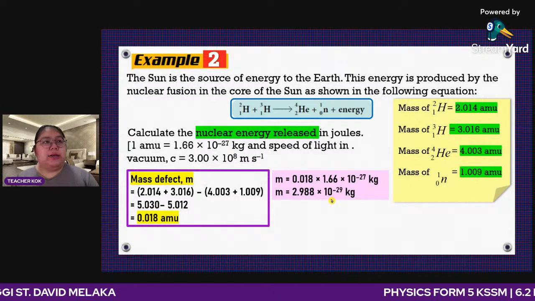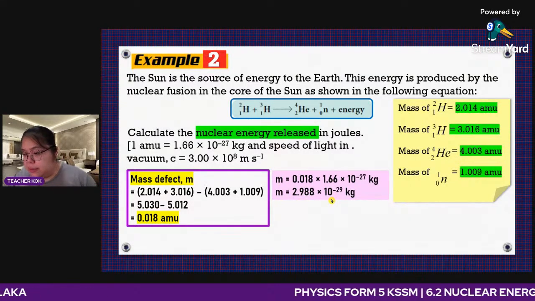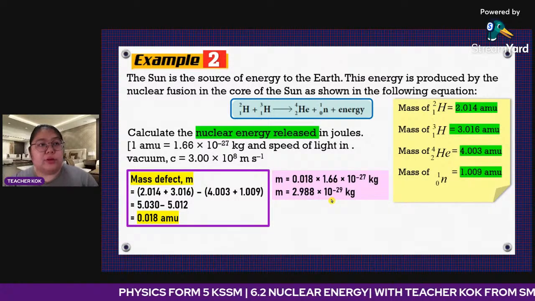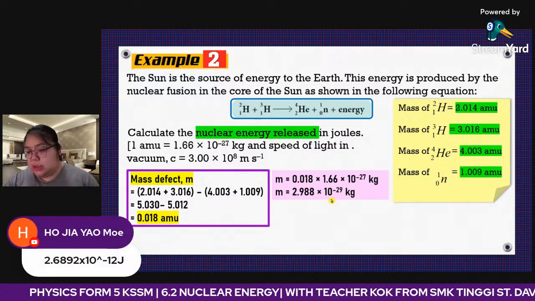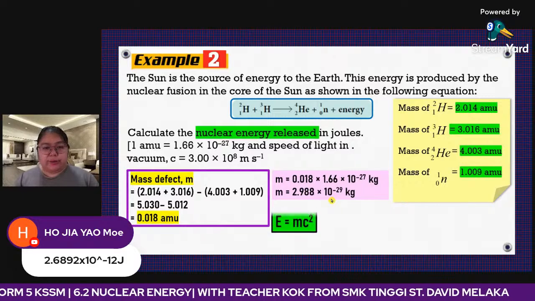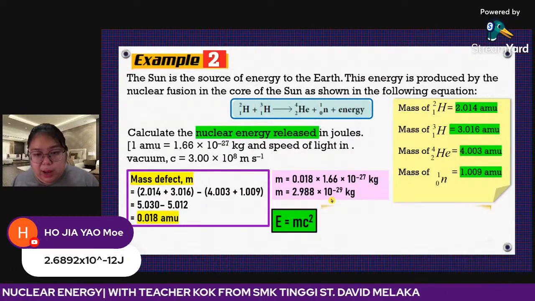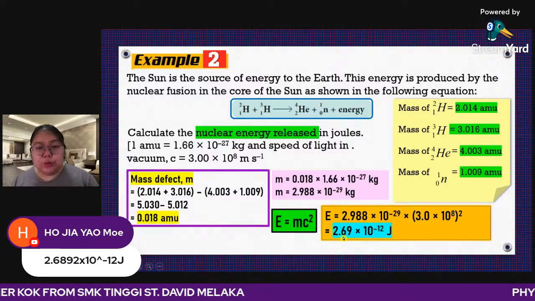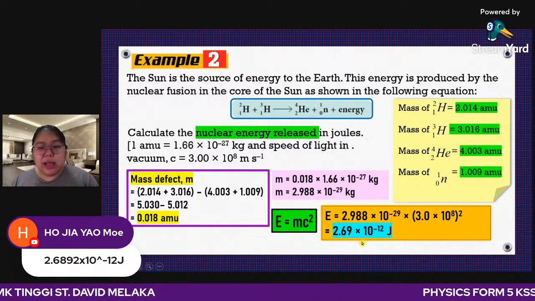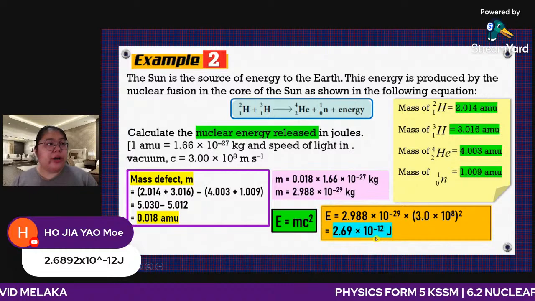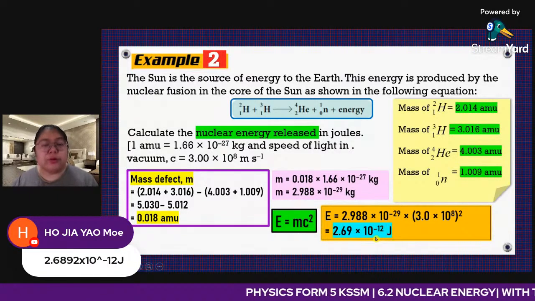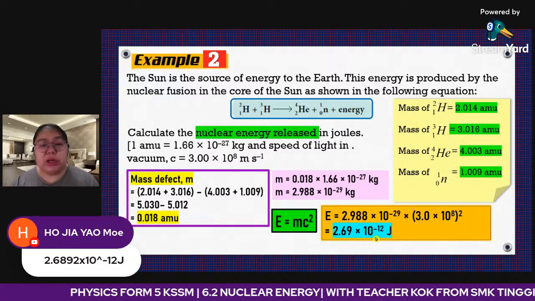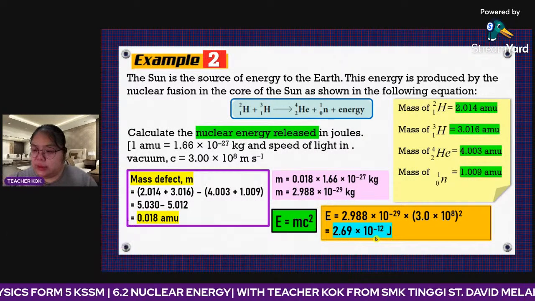Jia Yao gave me the answer. You can write the short form or the full form, because this is the final answer. Now we check. E equals mc squared. You can make it shorter: 2.69 times 10 power of negative 12, or you can write in full. But it's important to have the joule, the unit you must mention here.